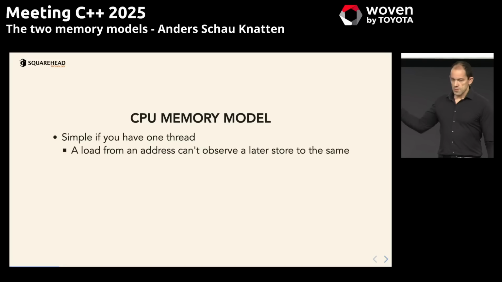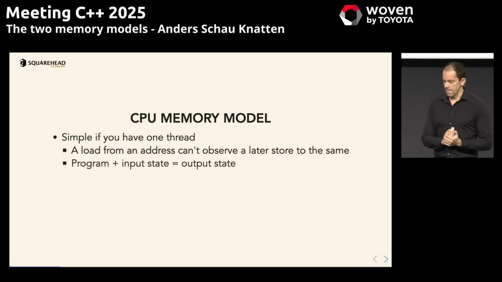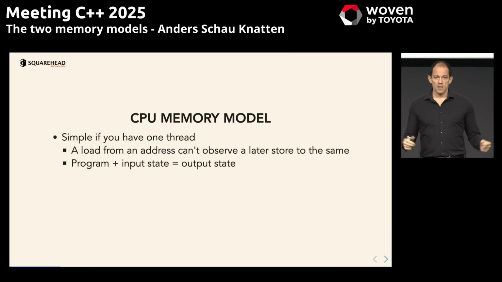So that's basically all for a single-threaded program. That gives you this property that if you have a program and a given input state, that includes all input and random numbers and everything that goes into your program, there's only one valid output state. That's very simple. All the other output states are invalid because it's one thread, it's completely deterministic.